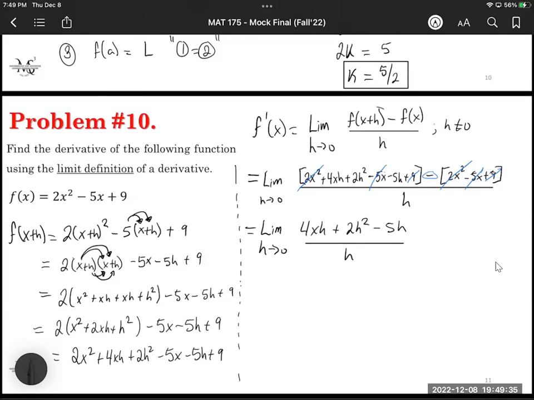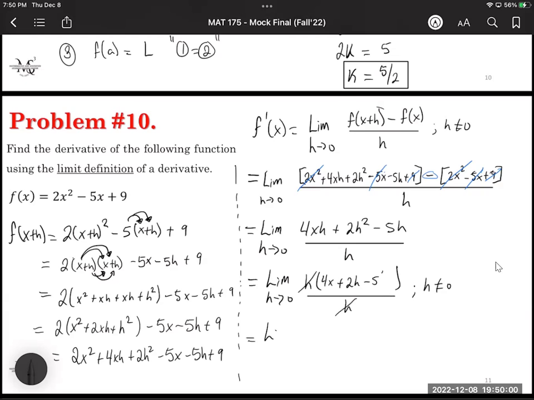Now, because all the terms in the numerator contain an h, you can factor it out and cancel it with the one on the bottom, right? So it's the limit as h approaches 0 of h times (4x plus 2h minus 5), all divided by h. As h is not equal to 0, the h's cancel.